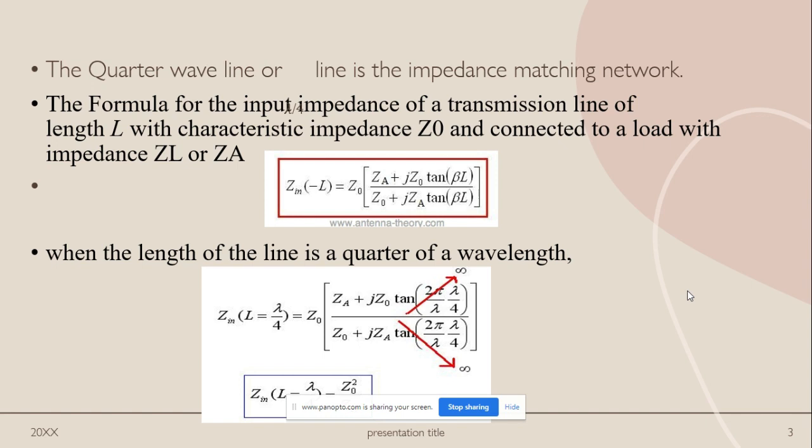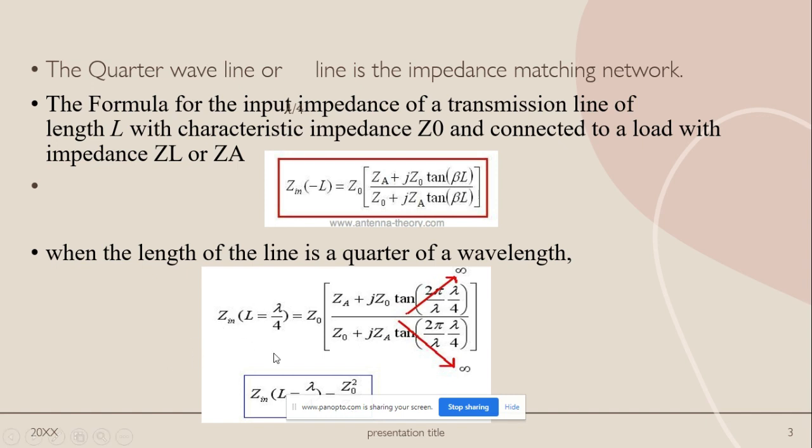The formula for the input impedance of a transmission line, we know this formula, isn't it? Zin of minus L is equal to Z0 into Za plus j Z0 tan of beta L, divided by Z0 plus j Za tan of beta L. Here Za is the load impedance, Zr or ZL. Now the length of the transmission line I am going to use between the ZL and the Z0 is lambda by 4.